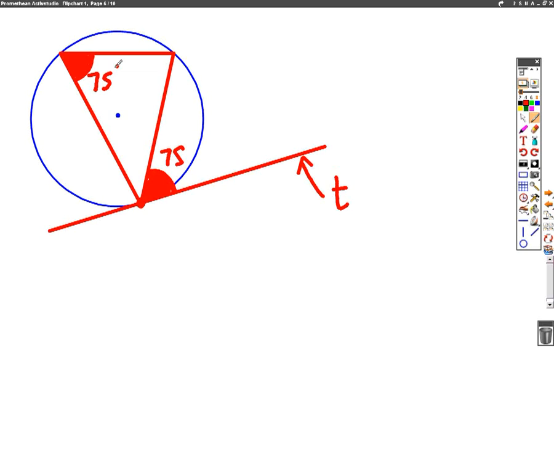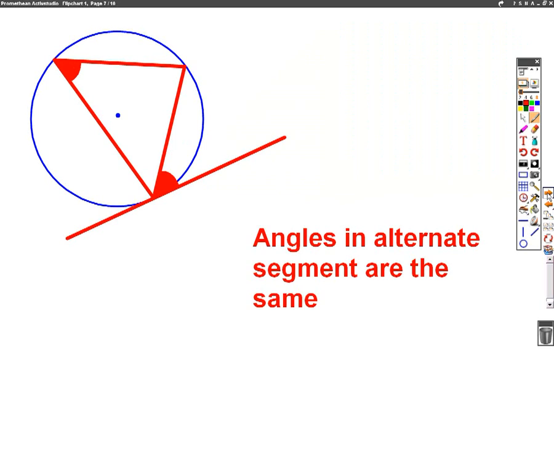I find that one the hardest one to spot in an exam question. You've just got to be careful that you've got a tangent and a triangle in a circle. So let's write that one down so we've got something to say. Angles in alternate segment are the same. So the key word here is alternate segment. So these angles here I'm going to call X. They're both the same because they're in alternate segments.